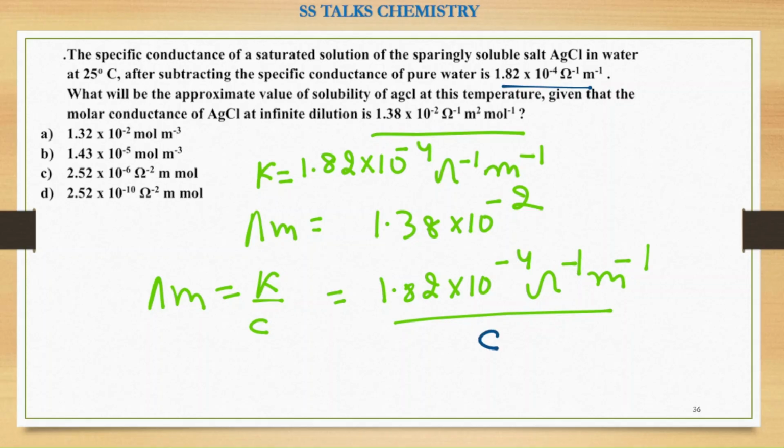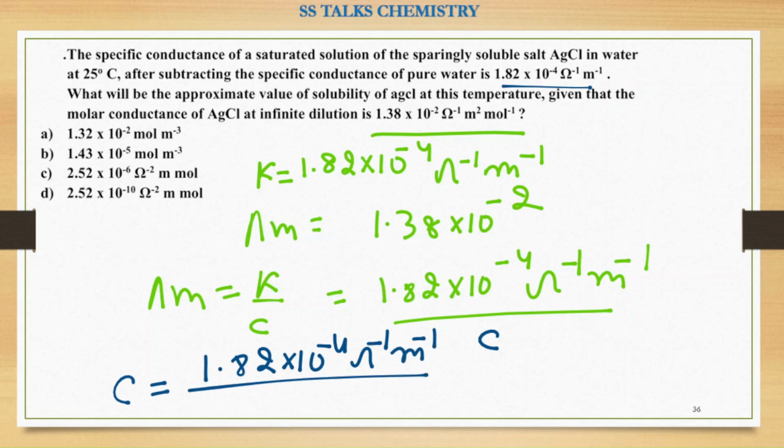Here you have to find the concentration. So concentration is going to be 1.82 into 10 raised to the power of minus 4 ohm inverse meter inverse upon the lambda n value, which is 1.38 into 10 raised to the power of minus 2 ohm inverse meter square per mole. Right.